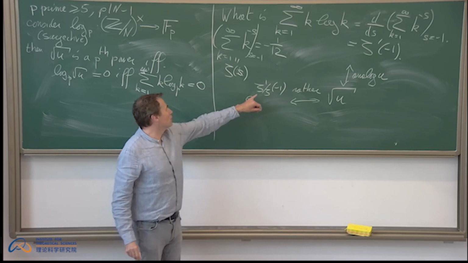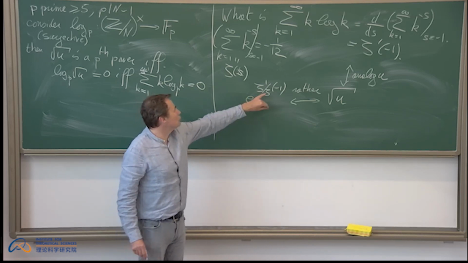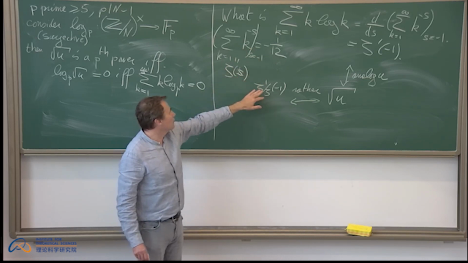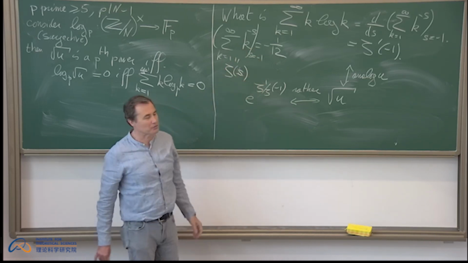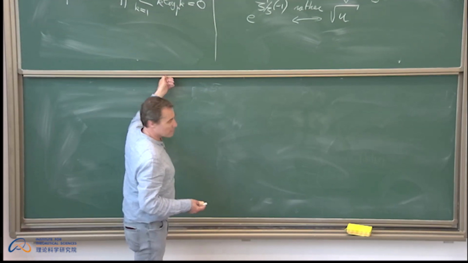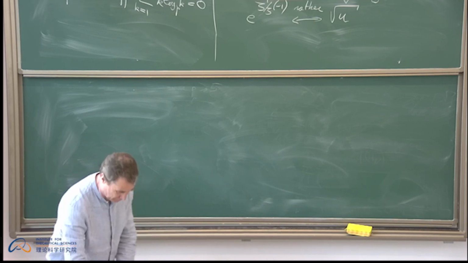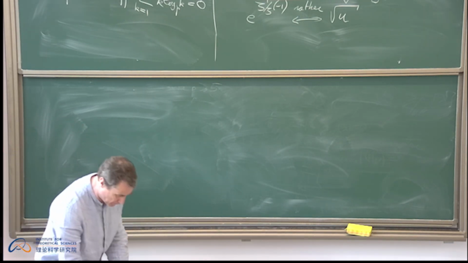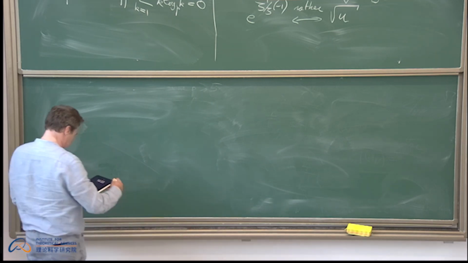If you put zeta of minus 1 in the denominator, its inverse would be 12, obviously, and so you get a 12. So this is a sort of a better analogy. So in what sense? So this analogy can be made actually a bit more precise in the following way.